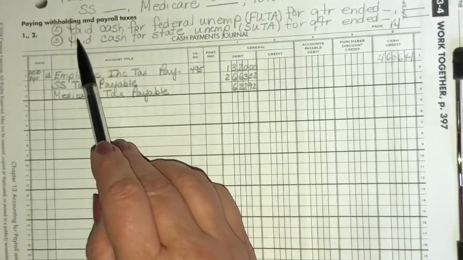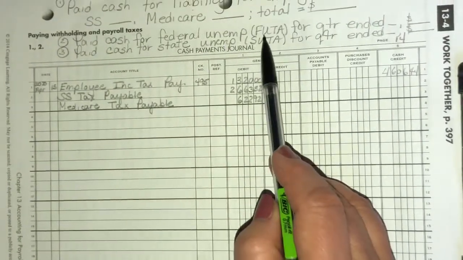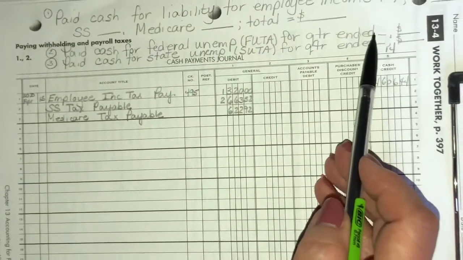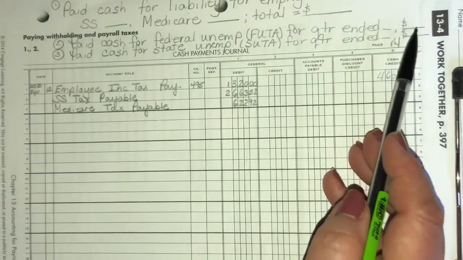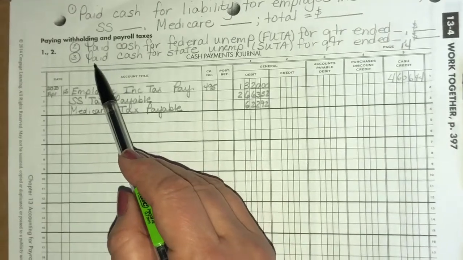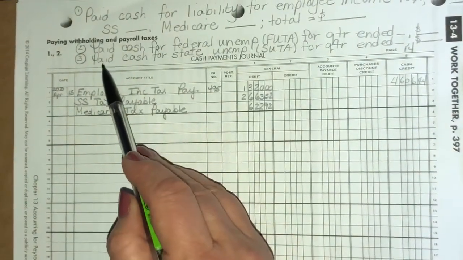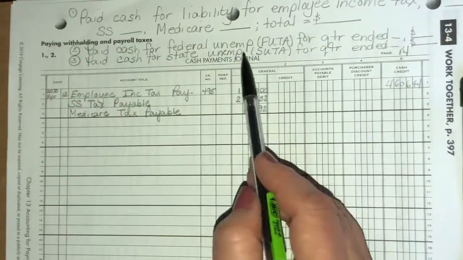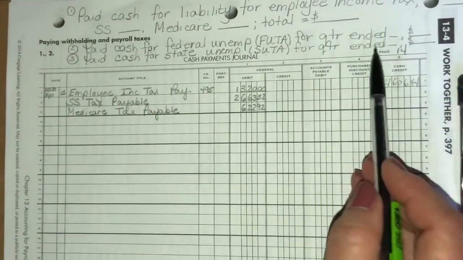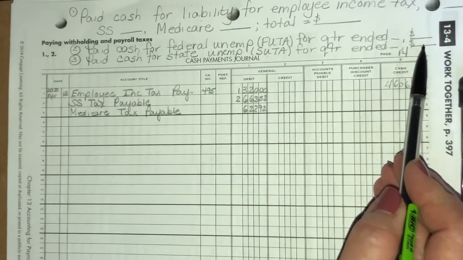So, back to our cash payments journal, I just want to point out your transactions from your textbook would read paid cash for federal unemployment or FUTA for quarter ended. They would give you the date that the quarter ended. They would give you the amount. If you were paying for your state unemployment tax, your textbook transaction would read paid cash for state unemployment or SUTA for quarter ended. They would give you the date and the amount.